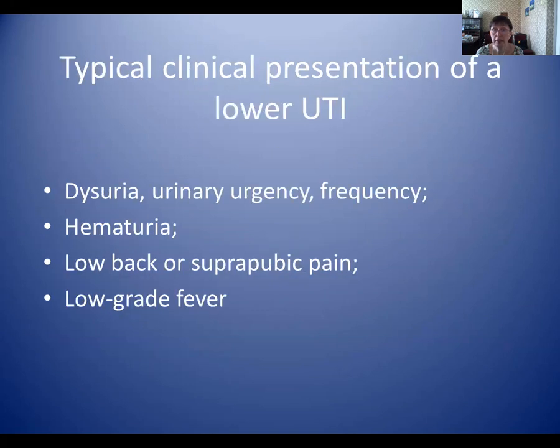Here we see the typical clinical presentation of the lower urinary tract infection. It may be dysuria, urinary urgency and frequency, hematuria, low back or suprapubic pain, and low-grade fever.